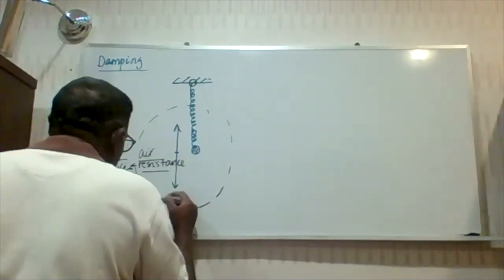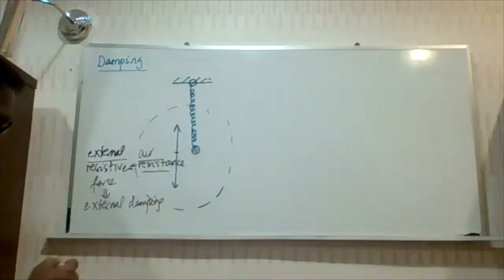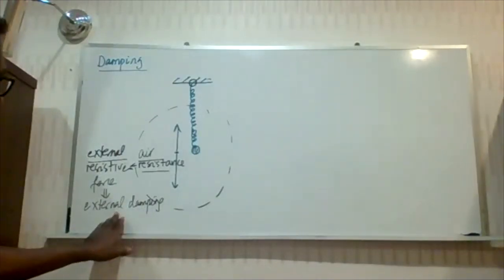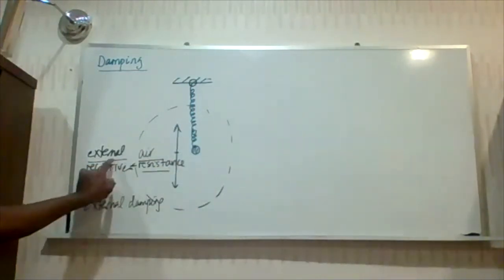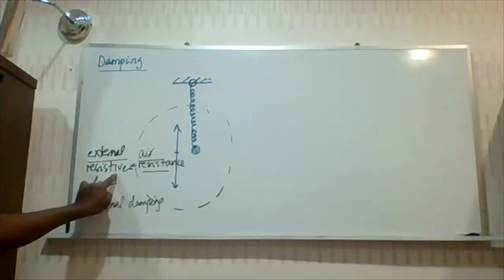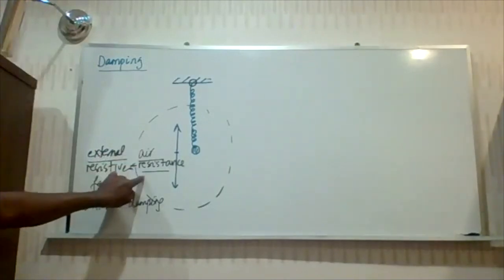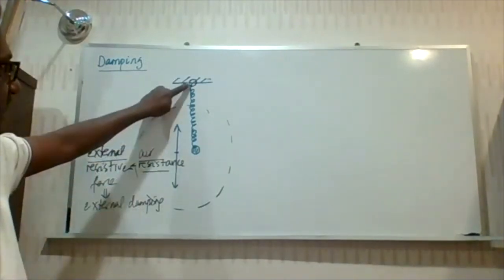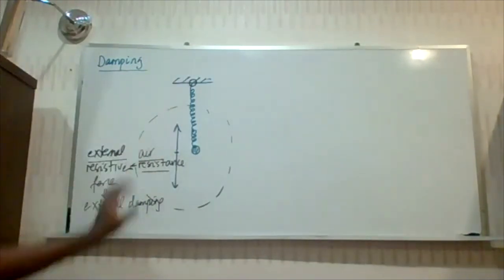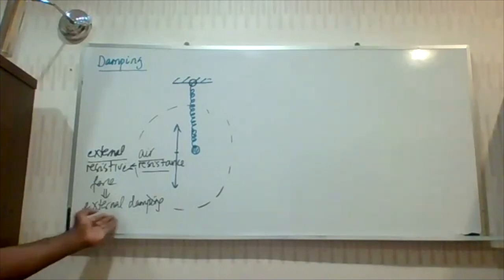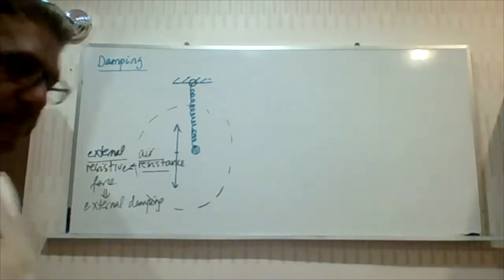So we classify this as external damping. What is external damping? External damping is loss of energy by an oscillating system due to an external resistive force such as air resistance, or if you want, you can even say such as frictional force. Frictional force and air resistance are considered external resistive forces, and that is what we call external damping.